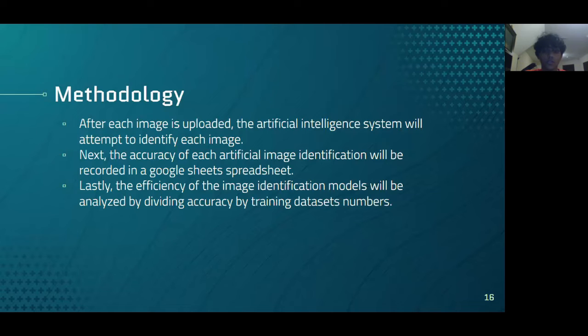If the artificial intelligence system correctly identified the image, it would receive a 1 in its column. If it incorrectly identified the animal image, it would receive a 0 in its column. Lastly, the efficiency of the image identification models was analyzed by dividing accuracy by training dataset numbers.